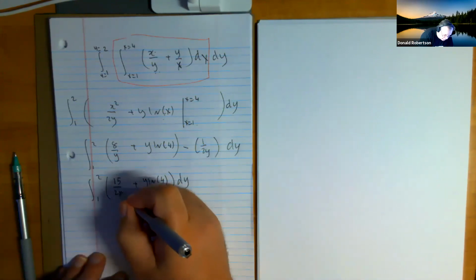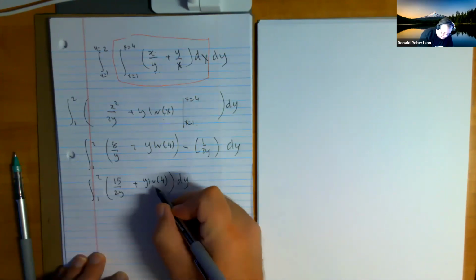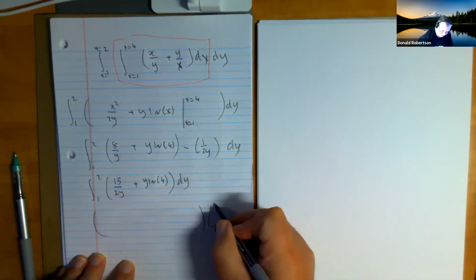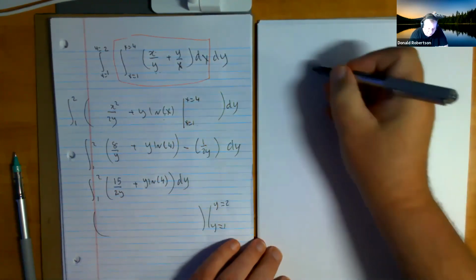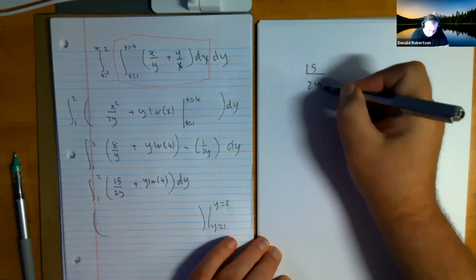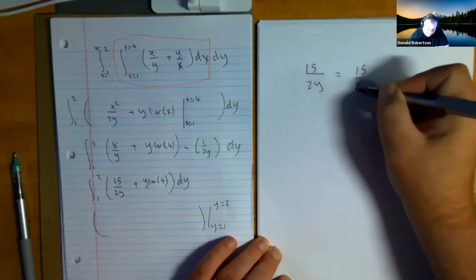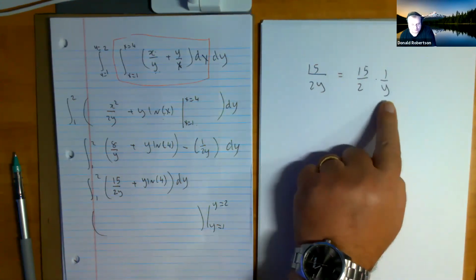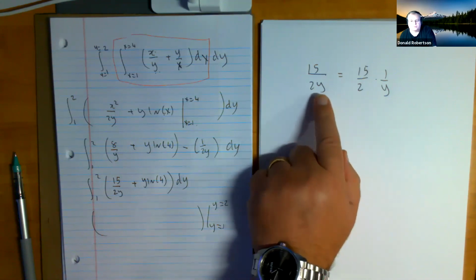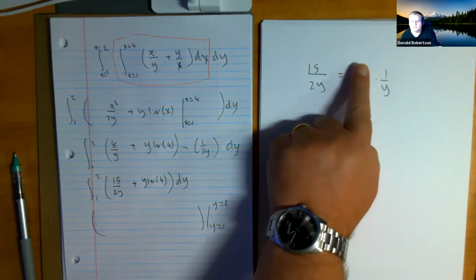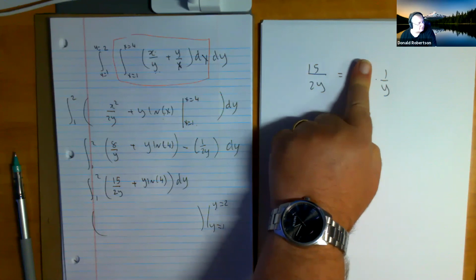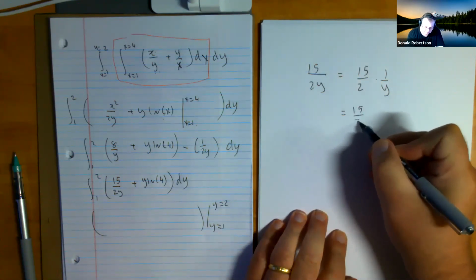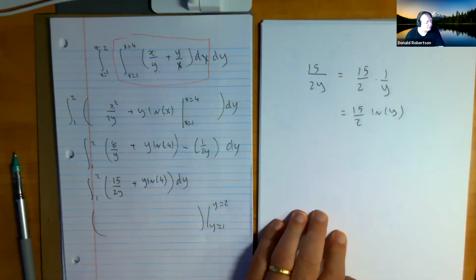And be really, really careful about this fella. This guy here is ugly, but for a totally different reason. 15 over 2y can also be written like that. And it's maybe a good idea to write it like that, because if I want to find the antiderivative of this, think of that as being a number you can forget about for a minute. Isn't the answer 15 over 2 natural log of y?